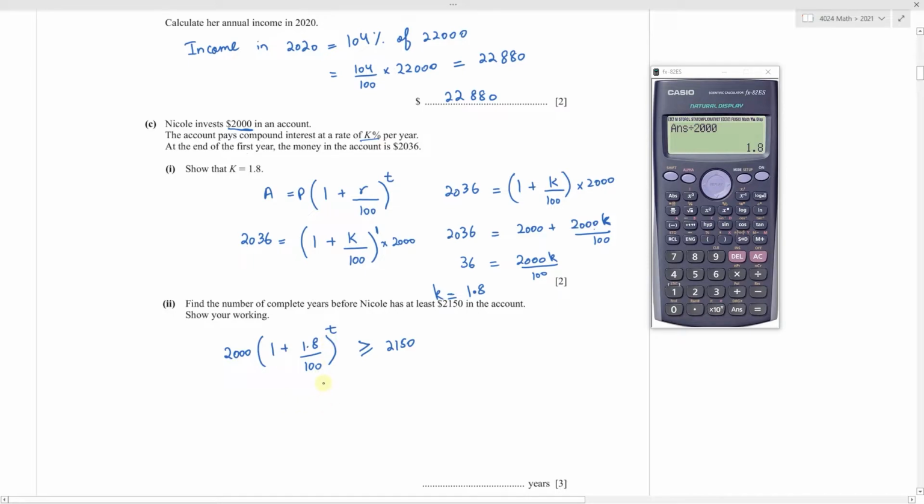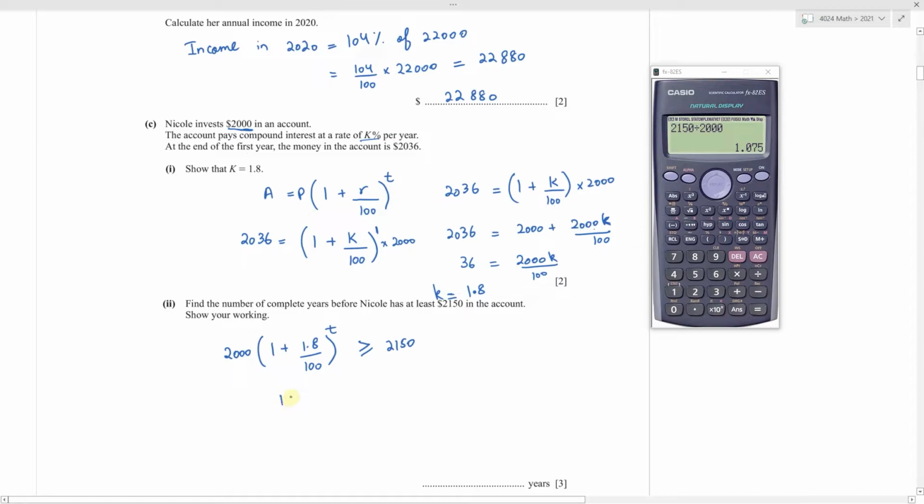So I will take this 2000 to the other side, so it will be divided in the denominator. So 2150 divided by 2000 is 1.075.